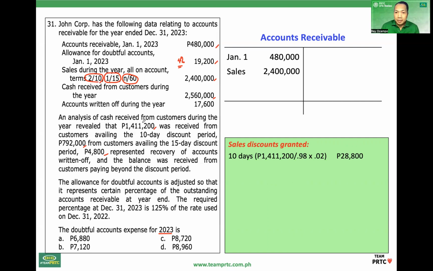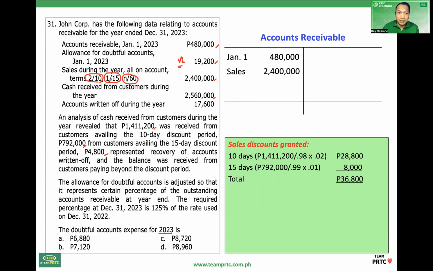Yun namang collected within 15 days, 792,000, divide mo ng 0.99, times 1%. Total sales discounts granted.